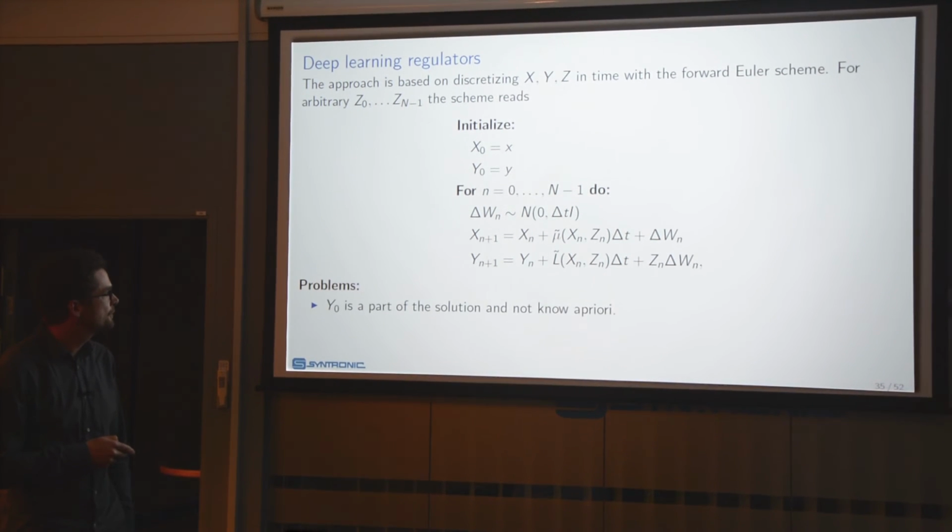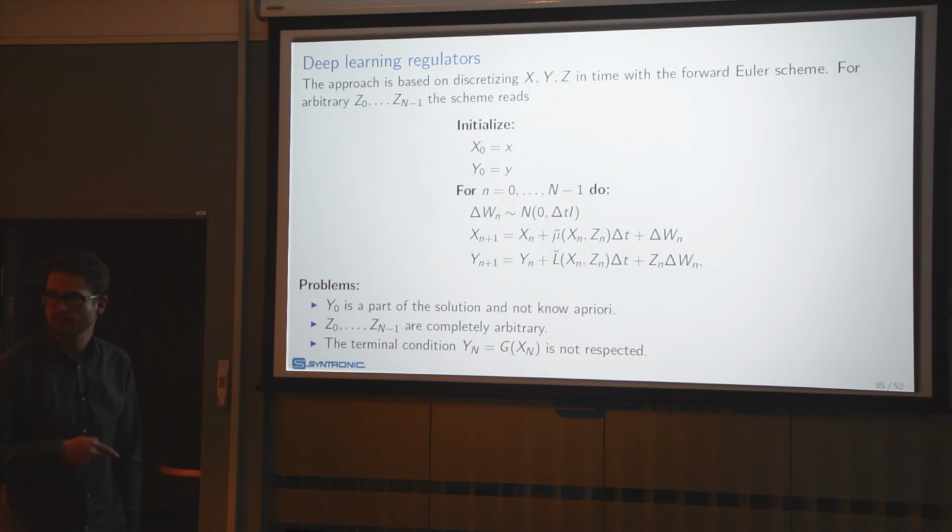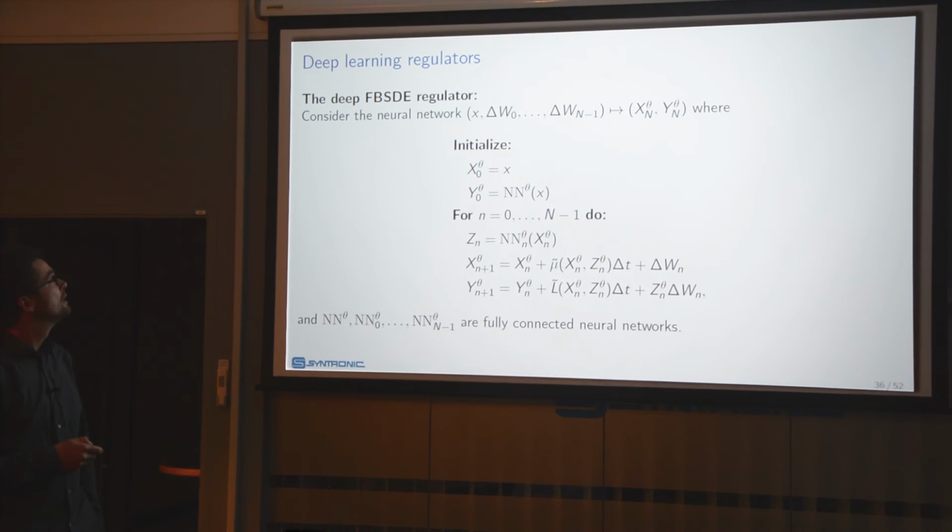But there are problems. The y0 is part of the solution and is not known a priori, so doing this doesn't make sense. z0 to zn are completely arbitrary, so they're absolutely not a part of our solution. That doesn't make sense. And the terminal condition is not respected, so this does not give an approximation of the solution.